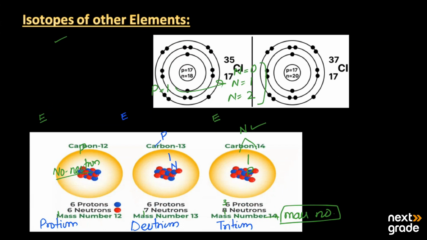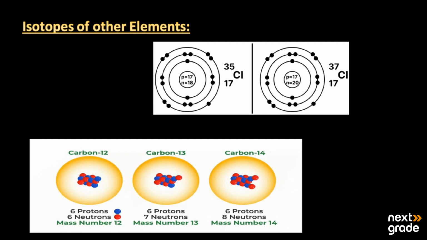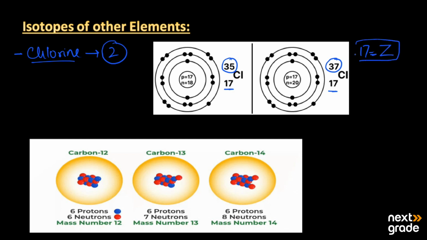Next we have the isotopes of other elements. First we have chlorine. Chlorine has just two isotopes: chlorine 35 and chlorine 37. Their atomic number is the same, 17, denoted by Z, and their mass number is denoted by A. The first has 35 and the second isotope has 37.